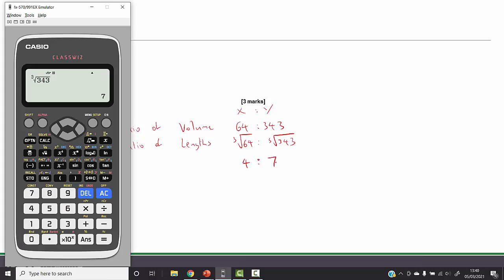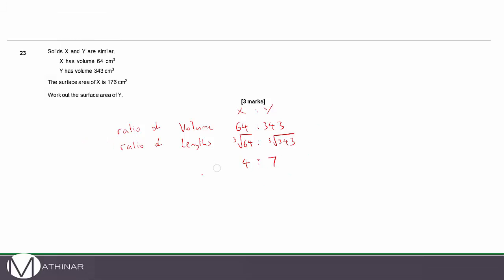Now we have the ratio of lengths, we can work out the ratio of area. And to find the ratio of area, all we do is we square the ratio of lengths. So it will be 4 squared to 7 squared. So 4 squared is 16, 7 squared is 49. So this is the ratio of area.